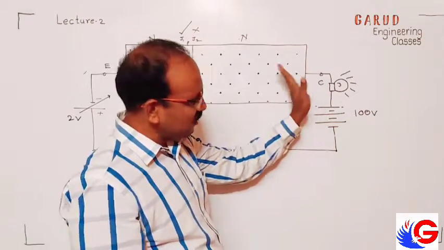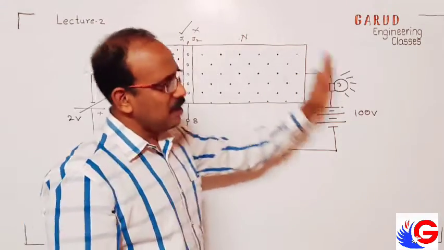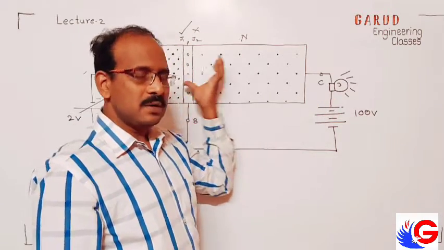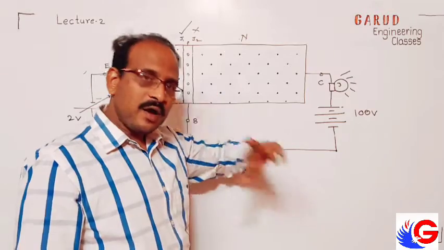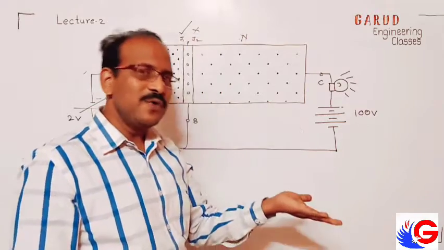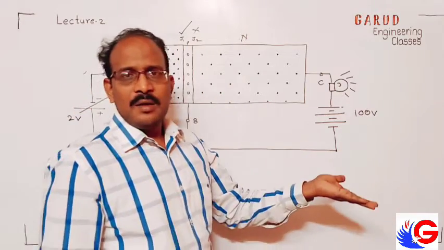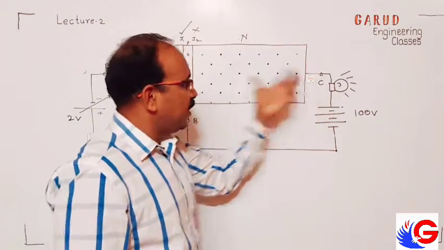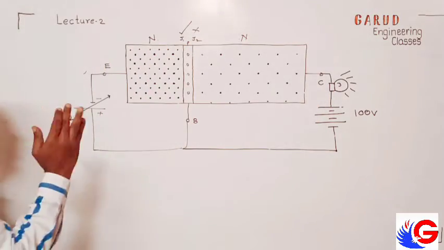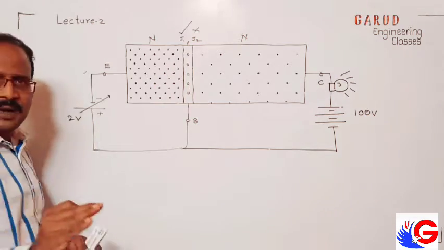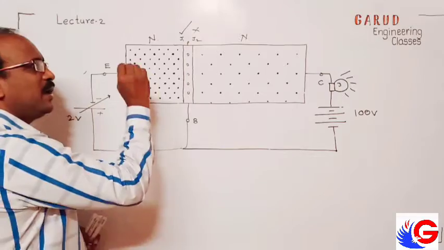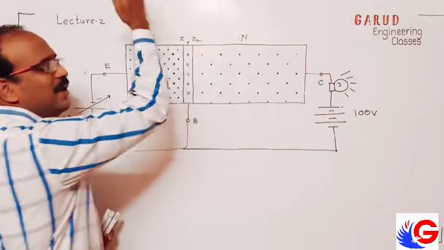Current will be moving from this direction, but the minority carriers will be flowing the opposite way. Whatever the electrons flow, current flow is opposite to that. You know, in 12th standard also, in first year physics also. So here I want to explain the working. See, working is very simple. Your fundamental things I have already covered. So it takes around 2 minutes to explain.